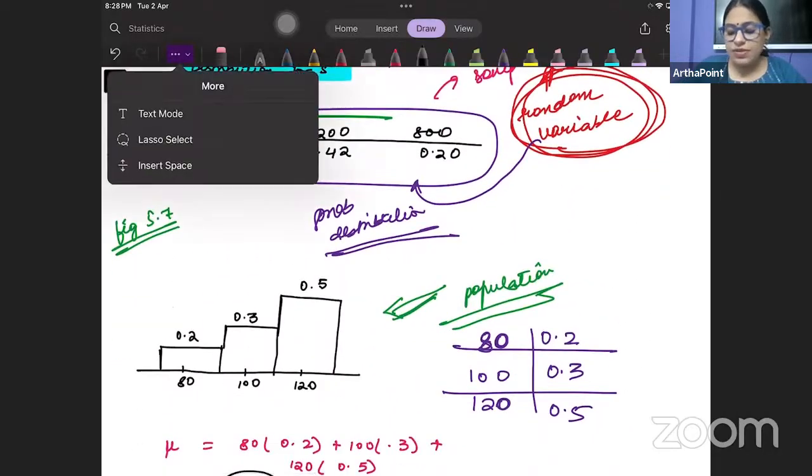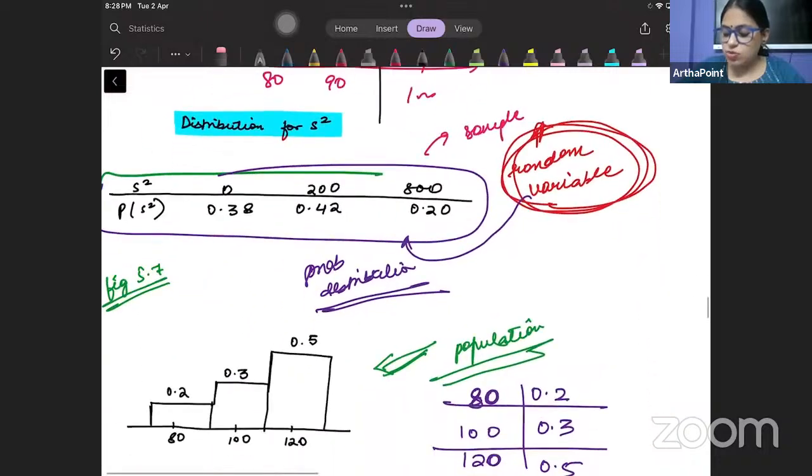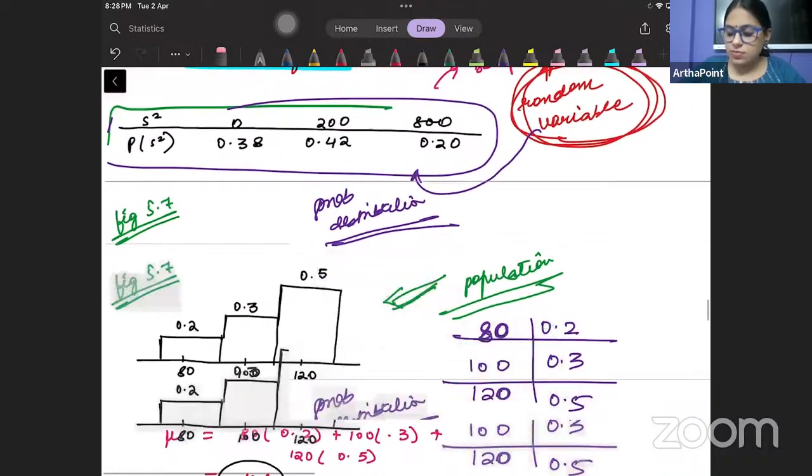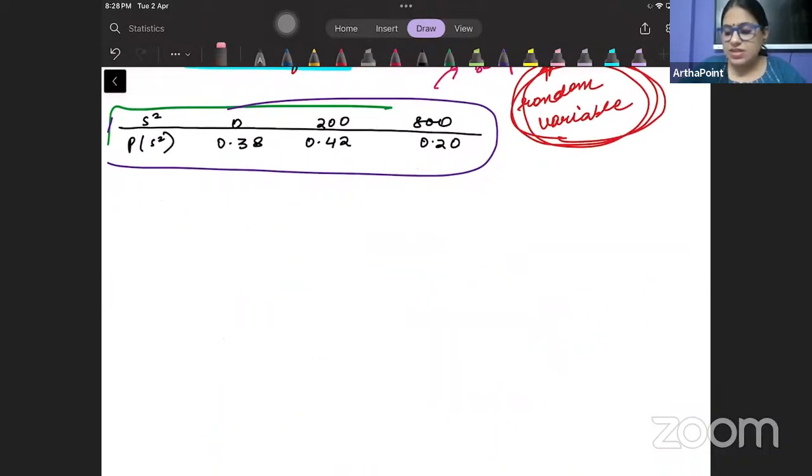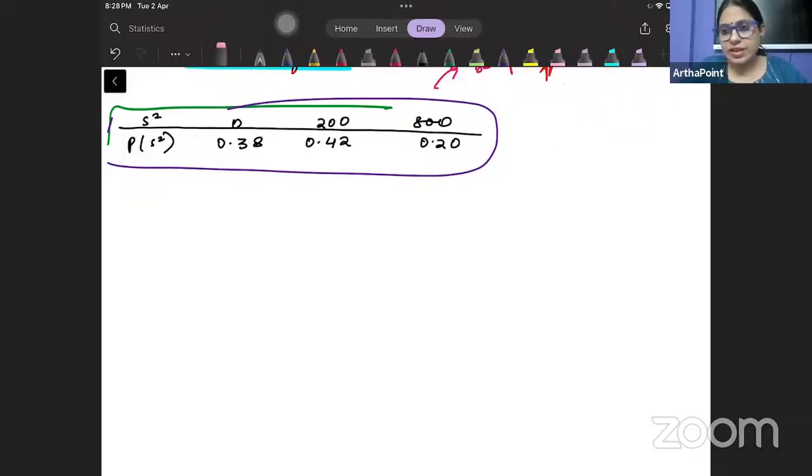तो हमने ये sample variance का probability distribution यहाँ पे बनाया है, right? हमने यहाँ पे इसका probability distribution create किया है. So if I ask you, beta, what will be the expected value of this? तो आप बोलोगे, and this is nothing but value multiplied with its probability.